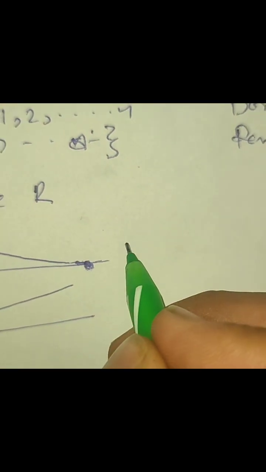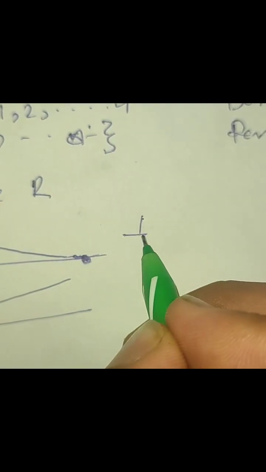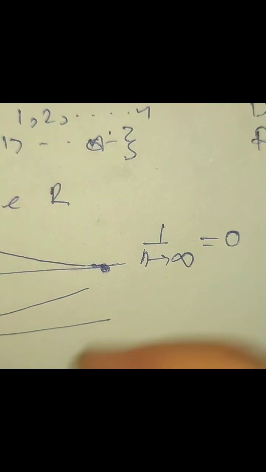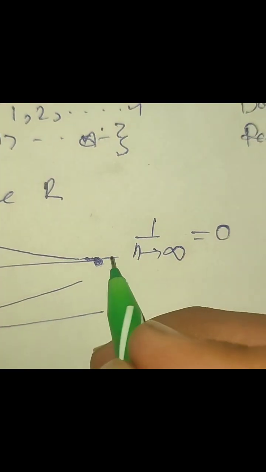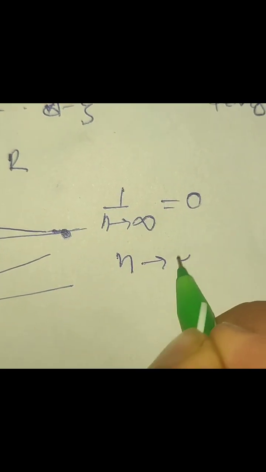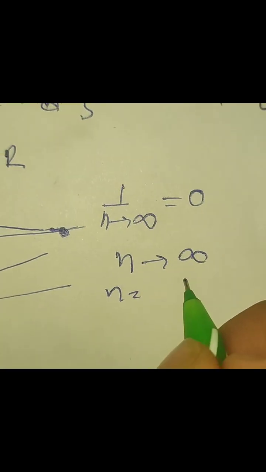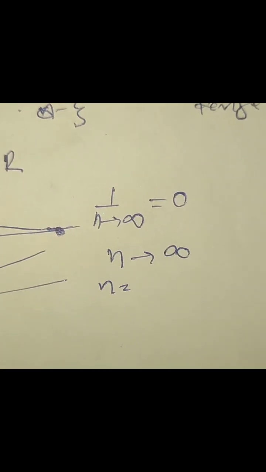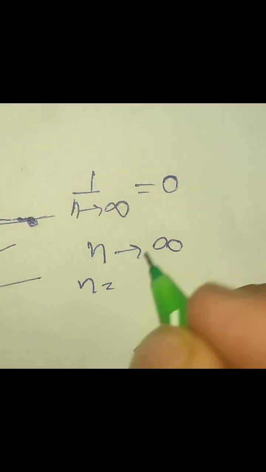For example, 1 upon n, as n tends to infinity, becomes 0. It means when n is a large number, it tends to 0. Similarly for n, if n goes from 1 to infinity, it does not converge, so it is said to be divergent.